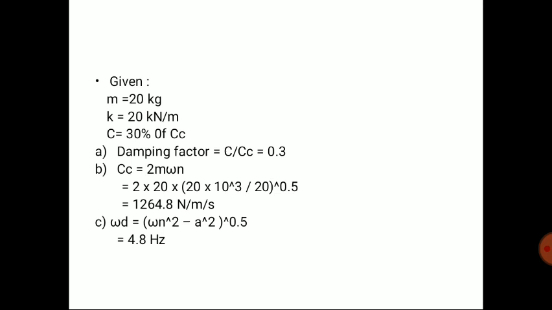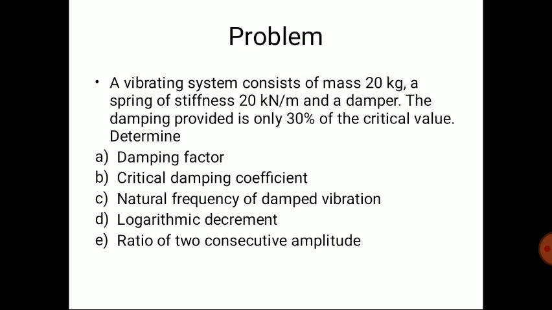So cc is 2m omega n, omega n is equal to root of k by m. So we are getting 164.8 Newton second per meter. Omega d is root of omega n square minus a square raised to 0.5. From that we are getting fd. We want the natural frequency of damped vibration, not the angular frequency.